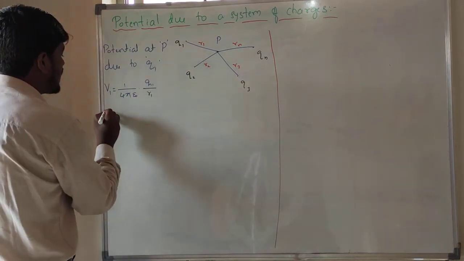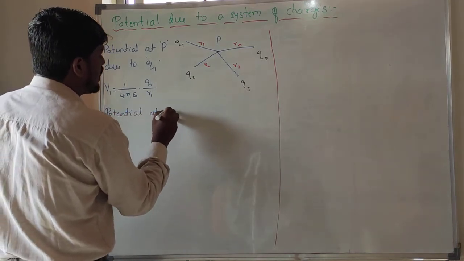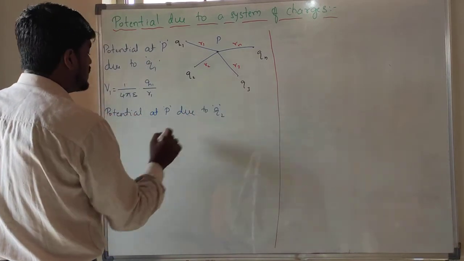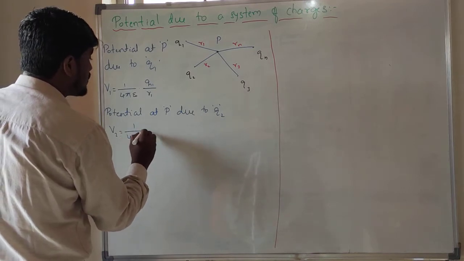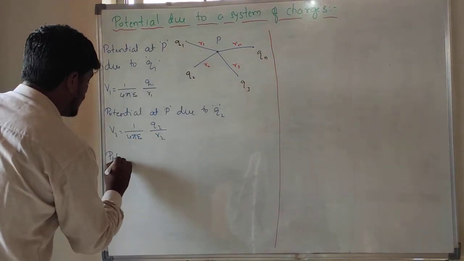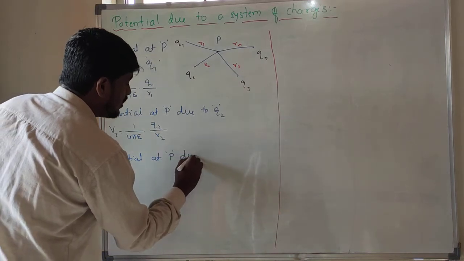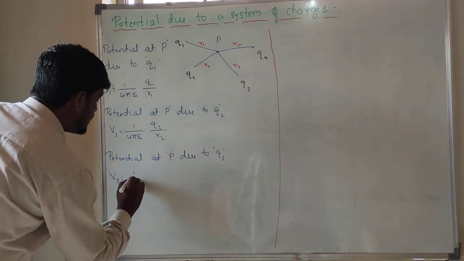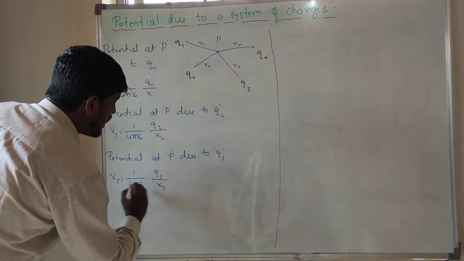Similarly, potential at point P due to Q2 is V2 equal to 1 by 4 pi epsilon naught Q2 by R2. Similarly, potential at point P due to Q3 is V3 equal to 1 by 4 pi epsilon naught Q3 by R3.